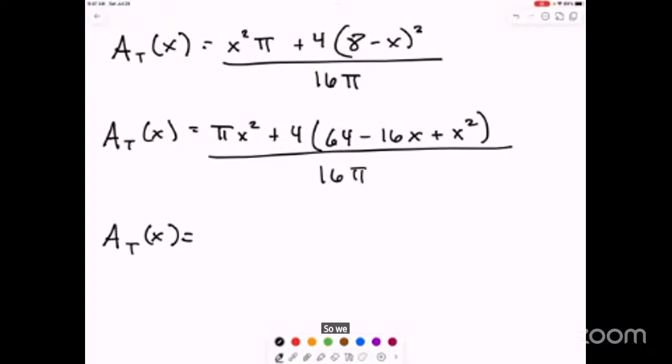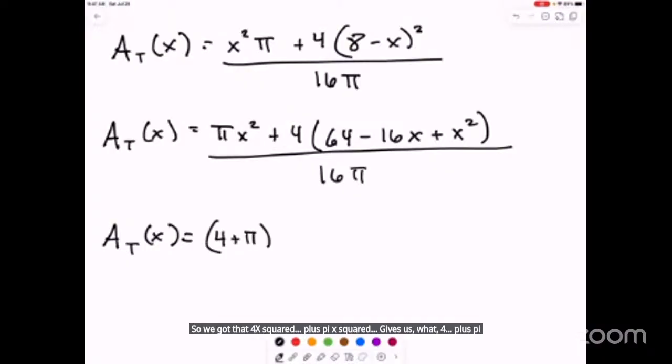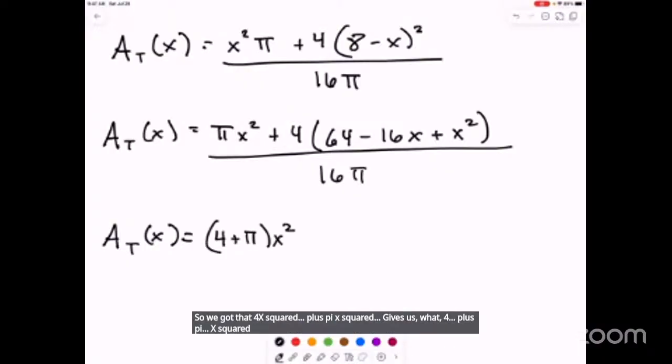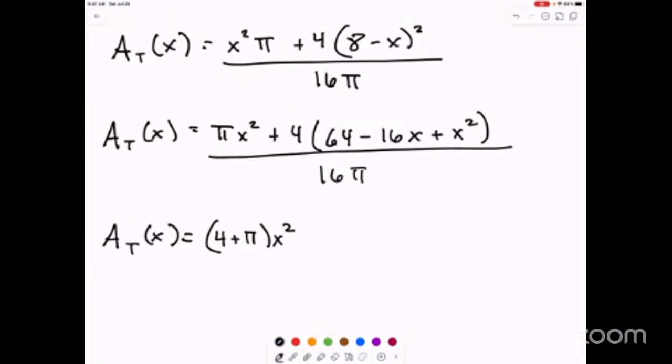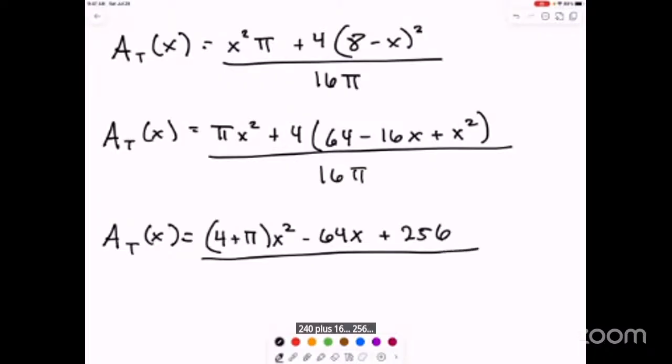So 4x squared plus pi x squared gives us 4 plus pi x squared. 40 plus 24 is 64, so minus 64x. 240 plus 16 is 256.